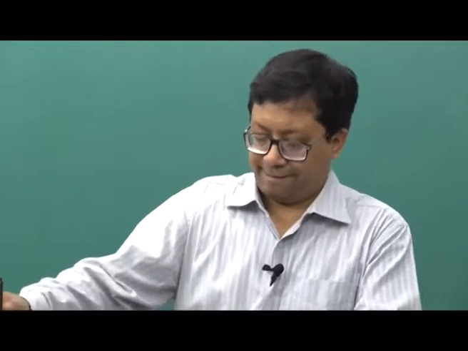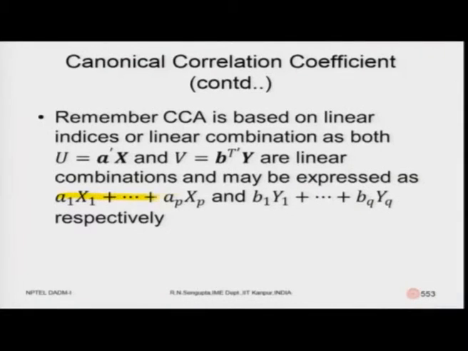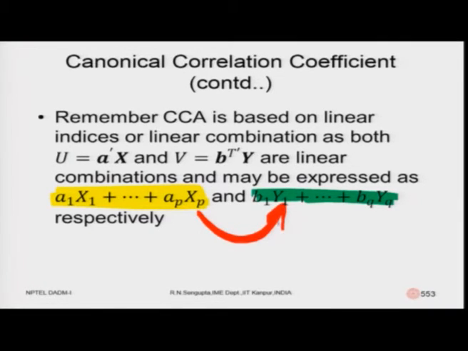Given these linear combinations, we want to find the relationship between them, such that the predictability of what is observable and what is not observable, based on which you want to predict, comes out to the maximum possible degree.